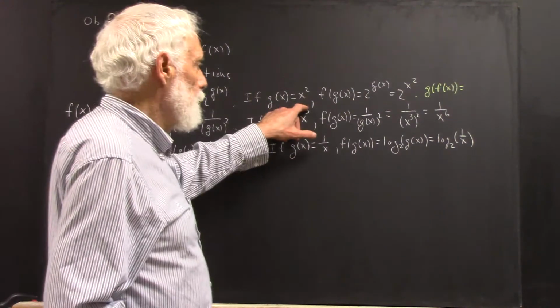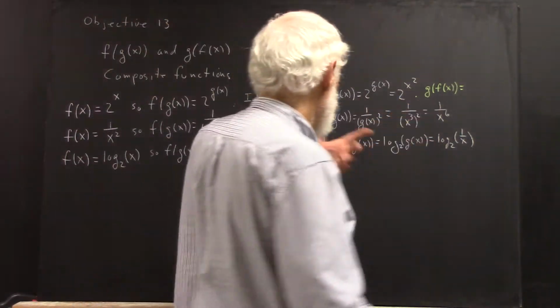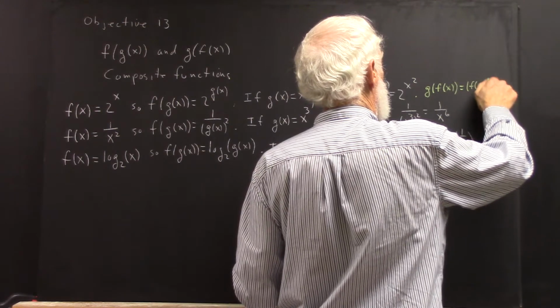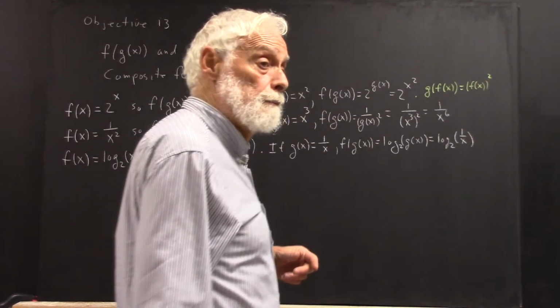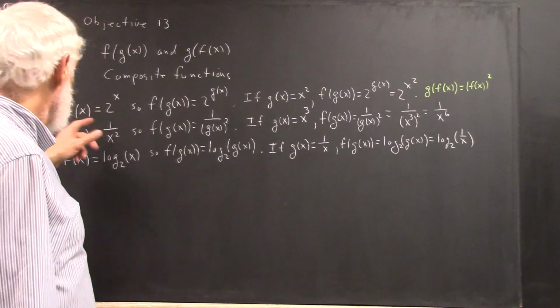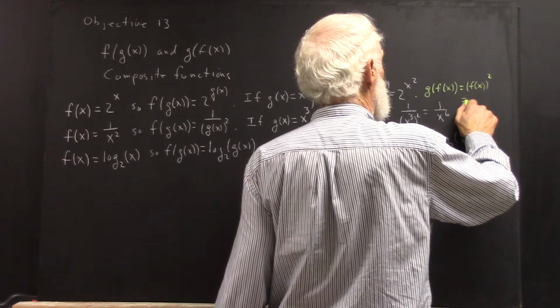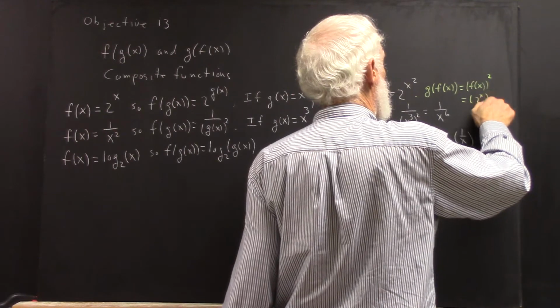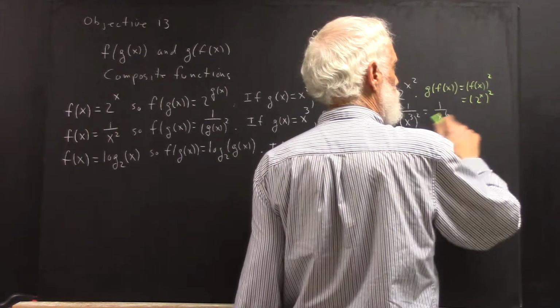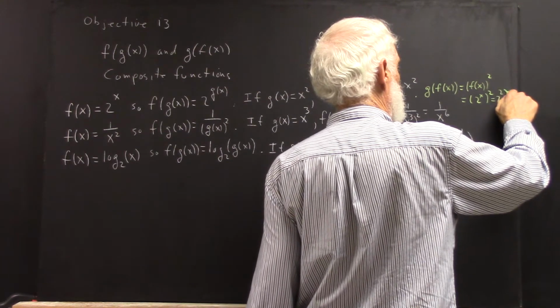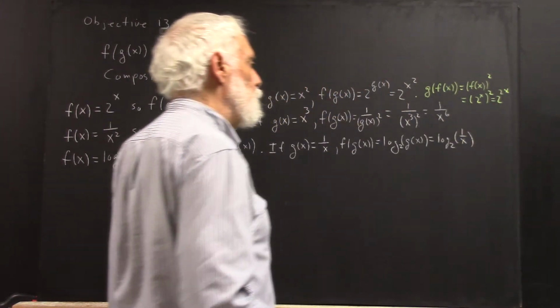Well, g of x is x squared, so g of f of x is f of x squared, and f of x is 2 to the x. And that gets squared, and you should know by the laws of exponents that that's just 2 raised to the 2x.